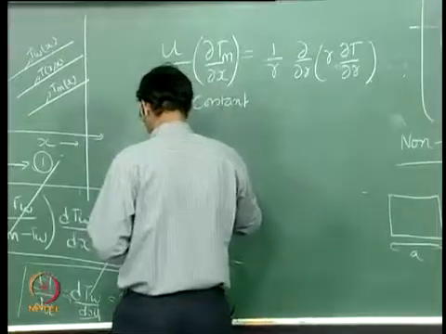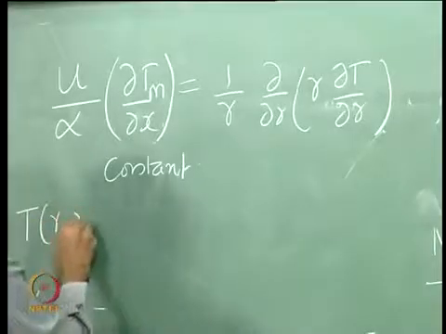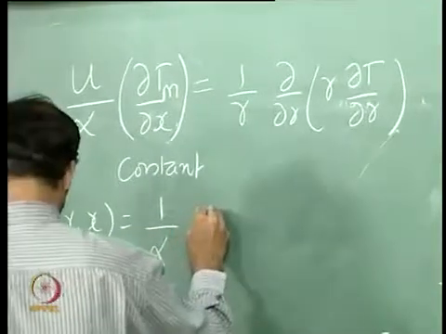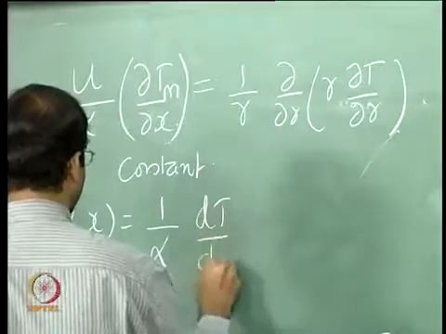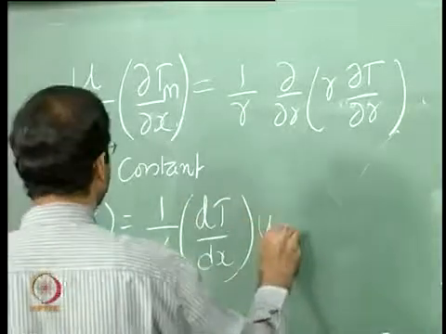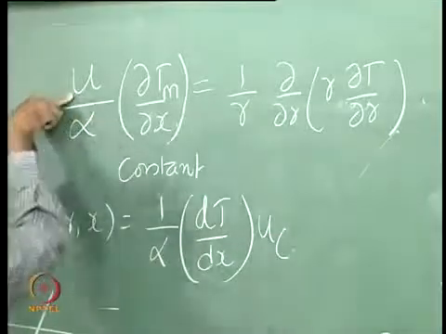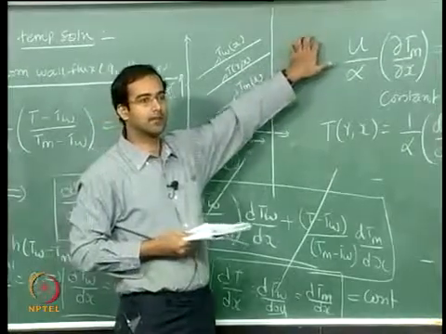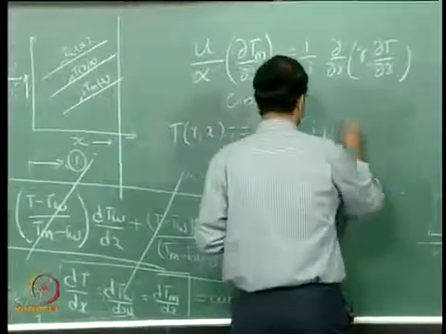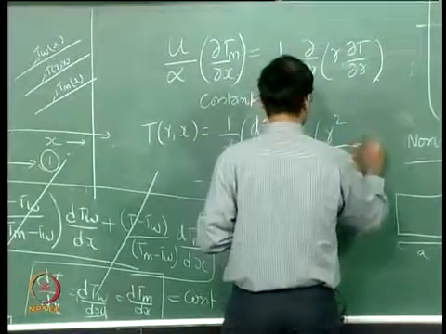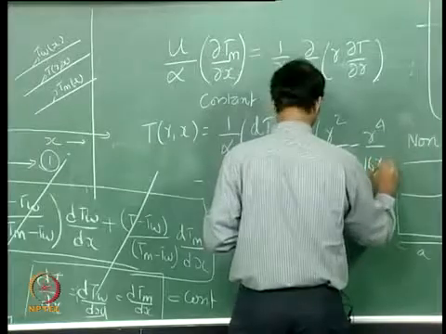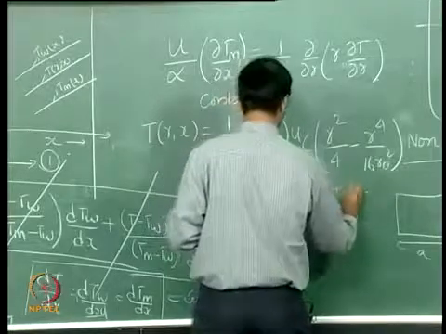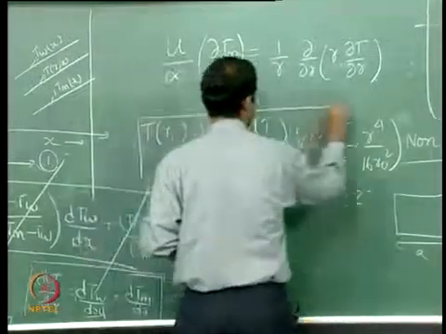If you integrate this equation, you get the solution for T as a function of dTm by dx and 1 by alpha, and you have to also substitute the parabolic velocity profile which you obtained from the fully developed hydrodynamic solution. Then you integrate with respect to r, so this is your temperature profile.